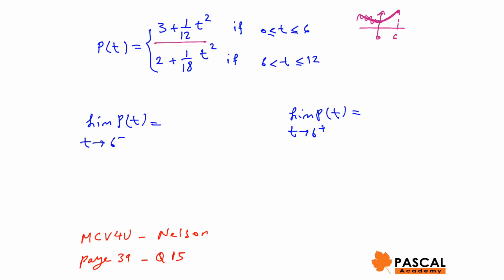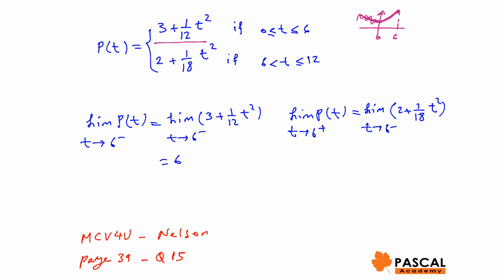Part B, evaluate the limit of P(t) when t is approaching 6 from the left and right side. From the left side, the limit would be the same as the limit of 3 plus 1/12 t² as t approaches 6, which is 6. And from the right side, it's going to be the limit of 2 plus 1/18 t² as t approaches 6, which is 4.